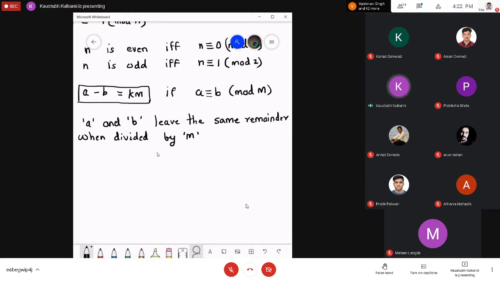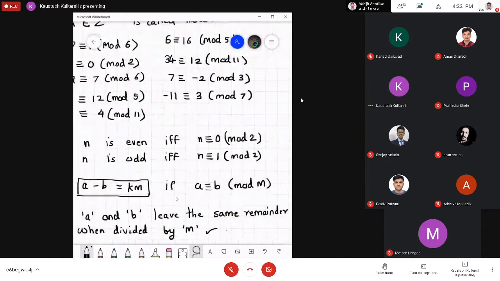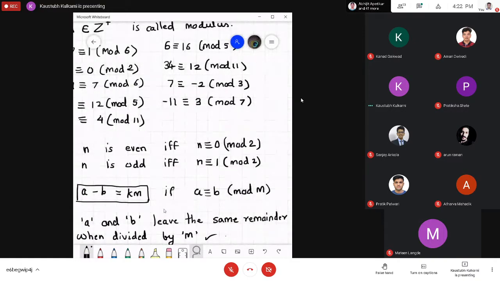Okay, so up to this point, is it clear? Any questions up to this point? The last thing only, I didn't get that. A minus B is equal to km, and after that, if A and B leave same remainder. Well, A minus B equal to km is by definition.